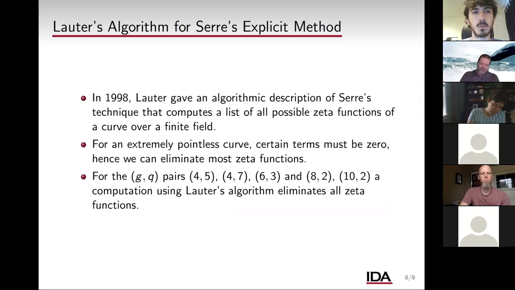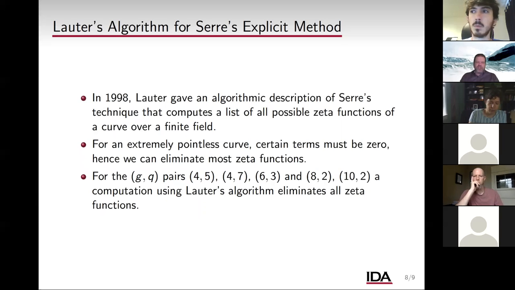Here is where we employed a different technique than the ones we used in our original work. In particular, what we call Lauder's algorithm for Serre's explicit method. Serre gave a way of ruling out particular types of curves over finite fields, but I think what we decided on is to call what Serre had a technique, and what Lauder turned that into an algorithm.